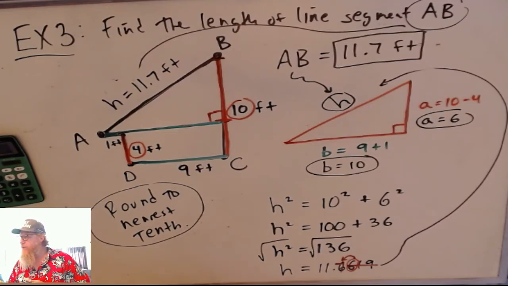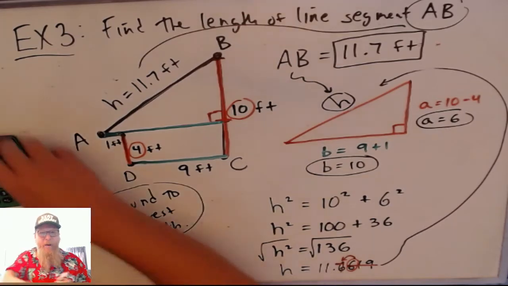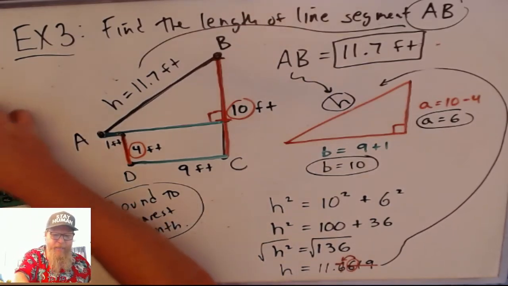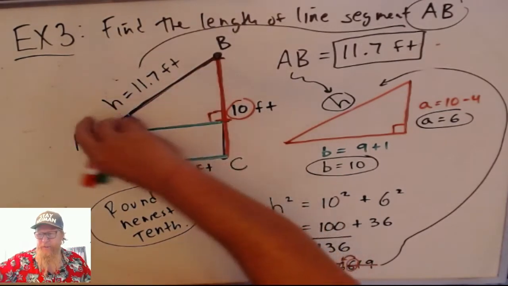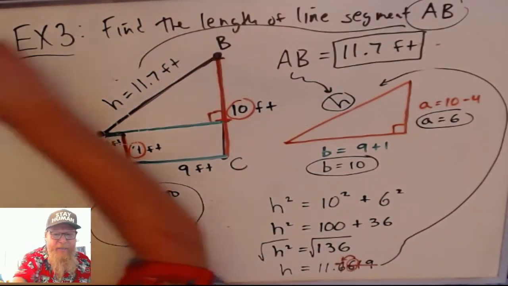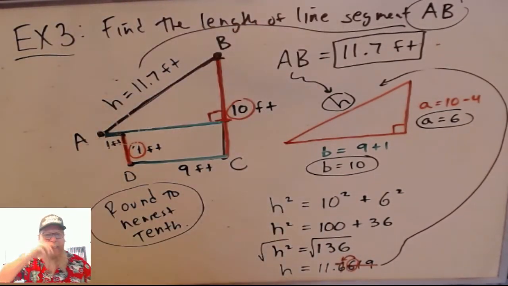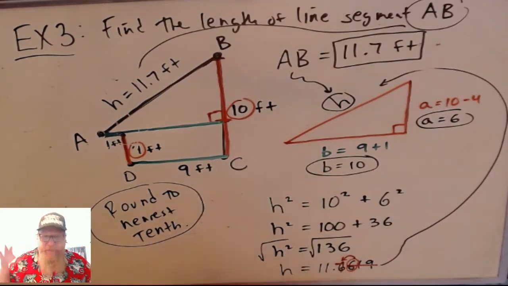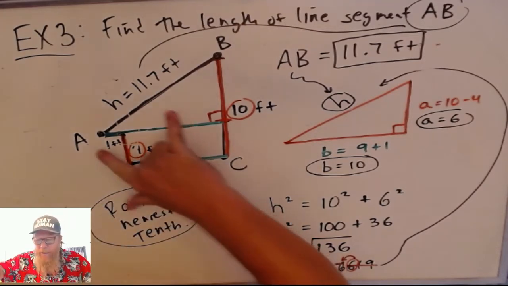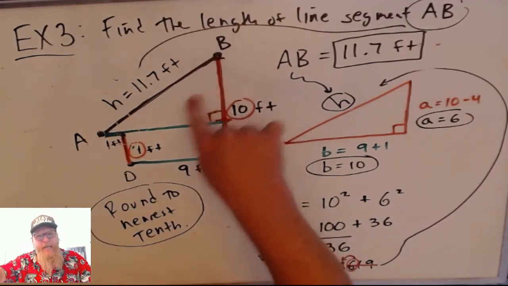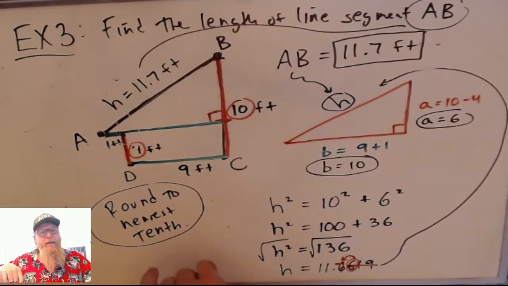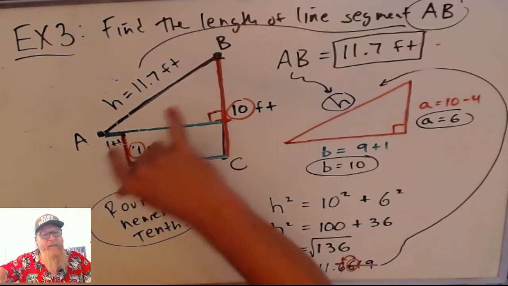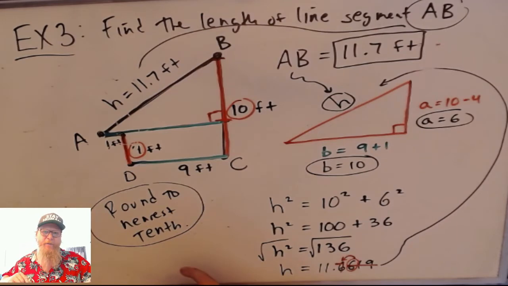Well, for the rest of the problems, we are going to put away the calculator, and we're going to go back in time, and we're going to do what's called classical geometry. Classical geometry would be the classic way to do geometry as you would have done it 2,000 years ago without a calculator. But we will continue to use this notation where we identify the vertices with capital letters.